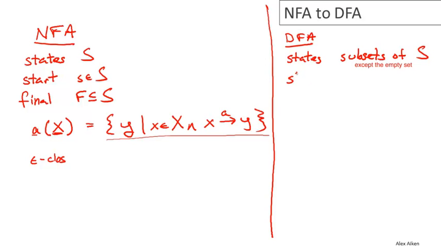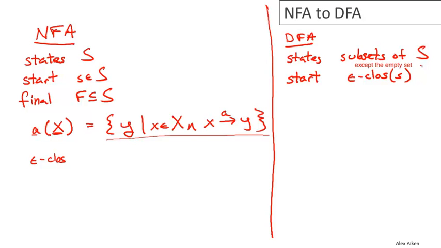So now, what's the start state of the DFA? Well, that's going to be the epsilon closure of the start state of the non-deterministic machine. And if you think about it for a minute, this makes sense. What we want to do is keep track of what set of states the non-deterministic machine can be in. And each state of the DFA corresponds to a different subset of states.